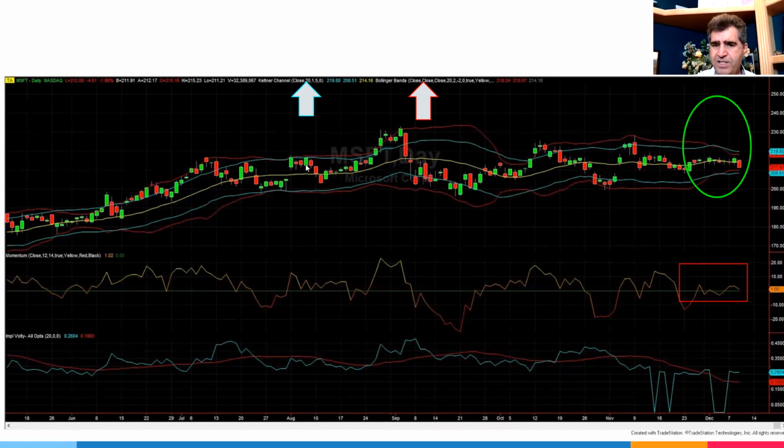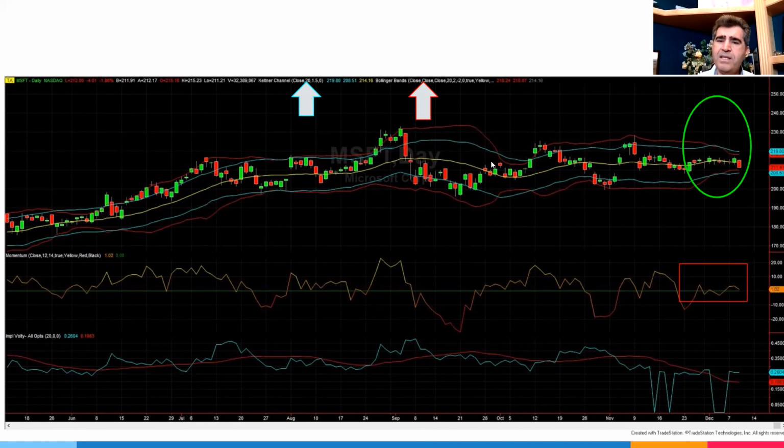You can see the Keltner channel is more predictable in some ways because we are using the average true range, and it's not as volatile as the Bollinger Band, which works on the standard deviation. So the blue bands are Keltner, and the red bands are Bollinger.